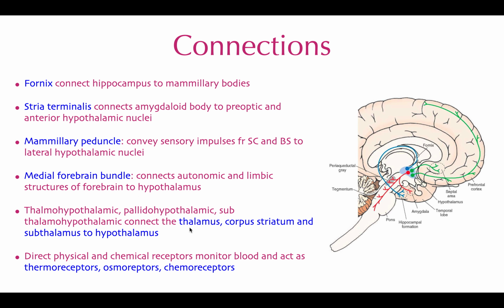And there is a connection between the thalamus, the corpus striatum, and the subthalamus, all with the hypothalamus. And all of this is responsible for homeostasis in the body, responses to rage, sexual drives, and hunger and satiation. And they all respond to thermoreceptors, osmoreceptors, and chemoreceptors.